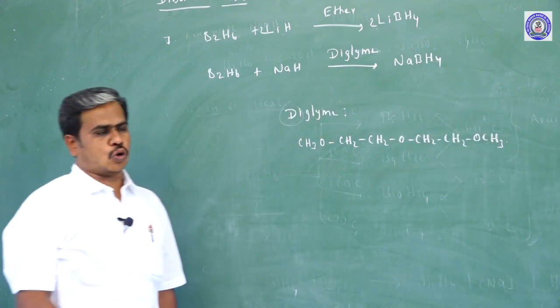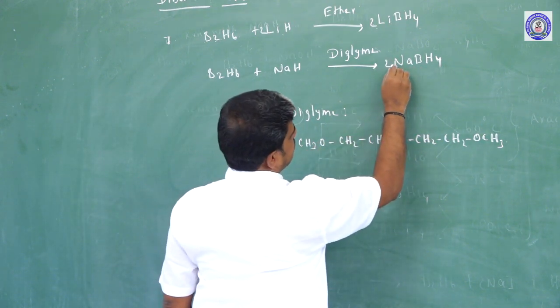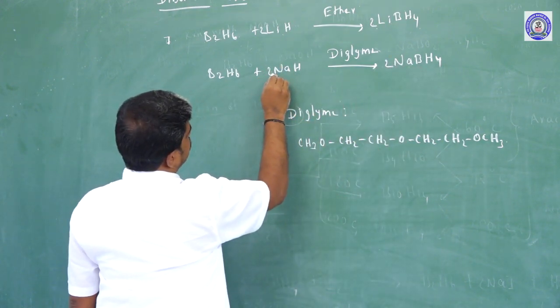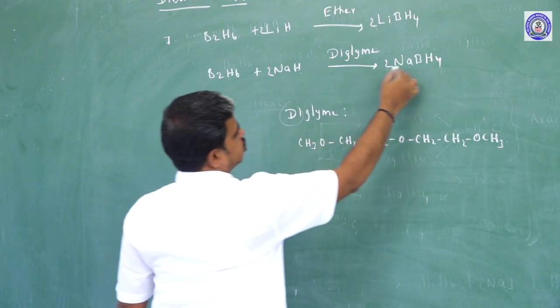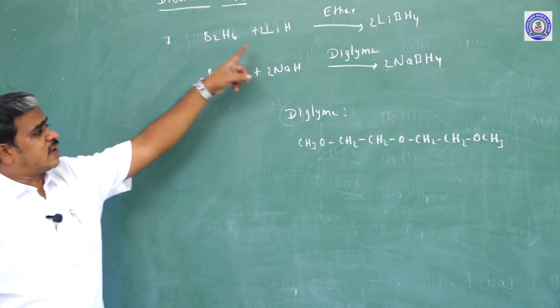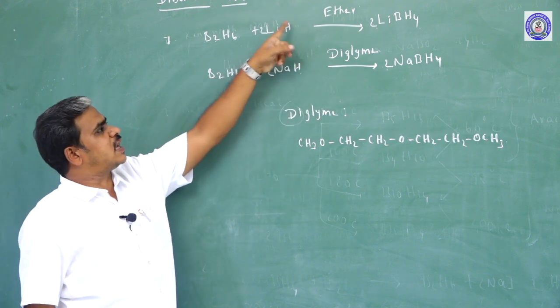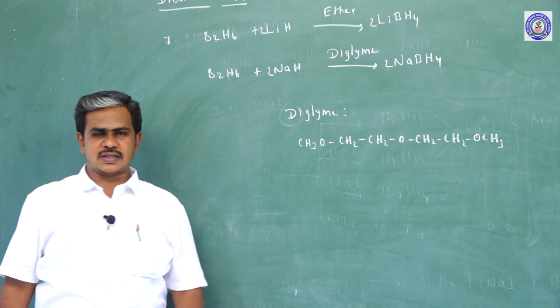Here also 2 boron, 2 Na and 8 hydrogen. So in the presence of diglyme, sodium hydride is reacted, and in the presence of ether, lithium hydride is reacted.